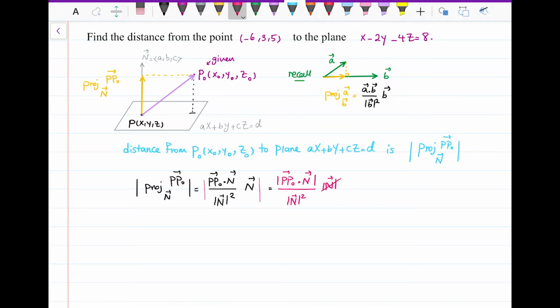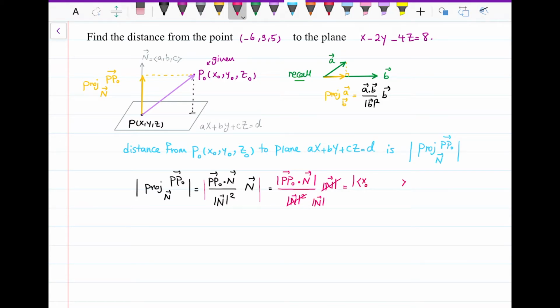Now I'm gonna simplify this expression in here. So I just get the length of n. So it would be the absolute value of P0 dot n over the length of n. So let me write everything. What is P0? It's a vector, and the vector would be the coordinates of the end of the vector minus the coordinates of the beginning of the vector.